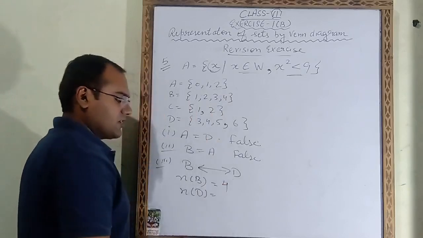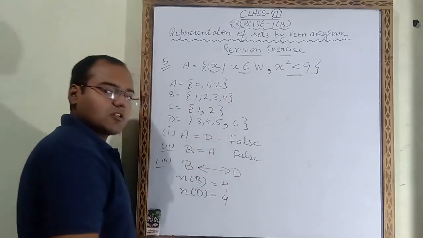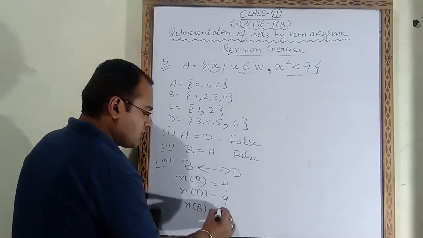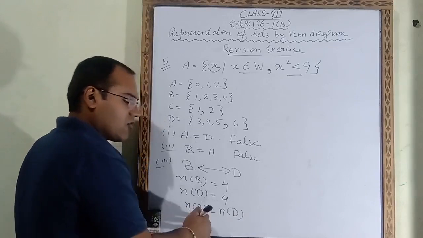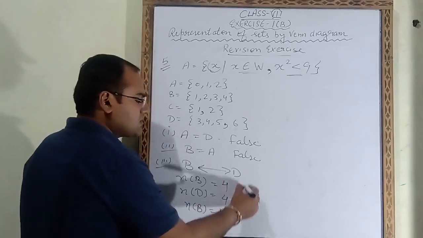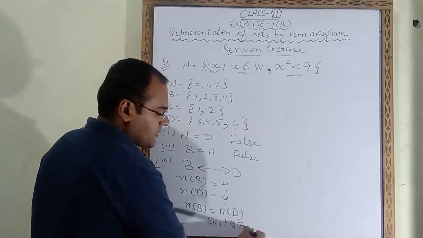So cardinal number of B is 4. D is 3, 4, 5, 6. This cardinal number is also 4. So what you have to write? n(B) is equal to n(D). Cardinal number of B and cardinal number of D are equal. So this statement is true.